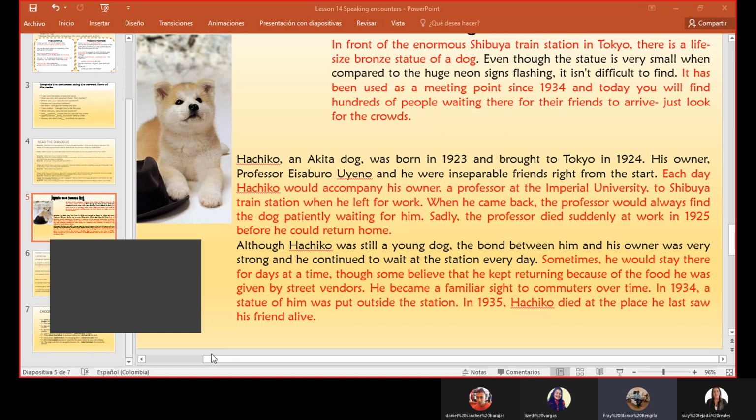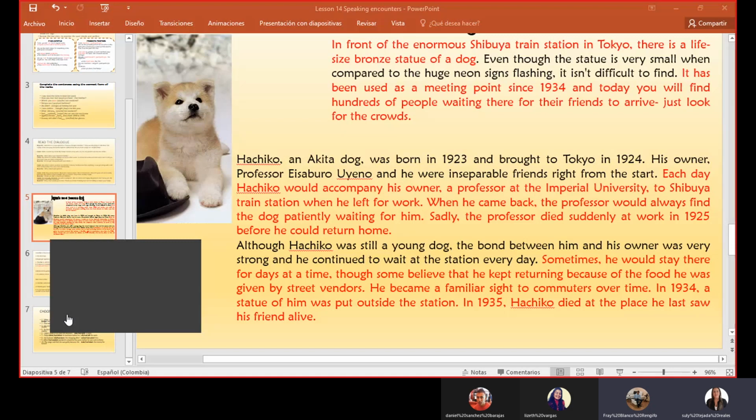He became a familiar sight to commuters over time. In 1934, a statue of him was put inside the station. In 1935, Hachiko died at the place he last saw his friend alive.